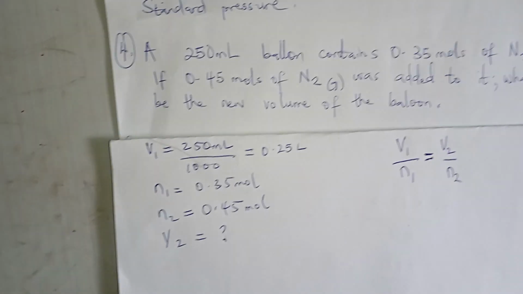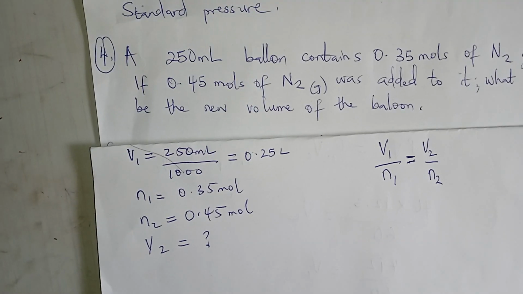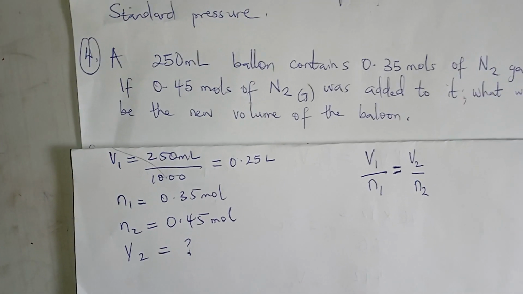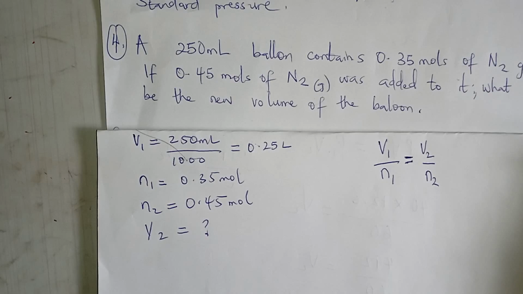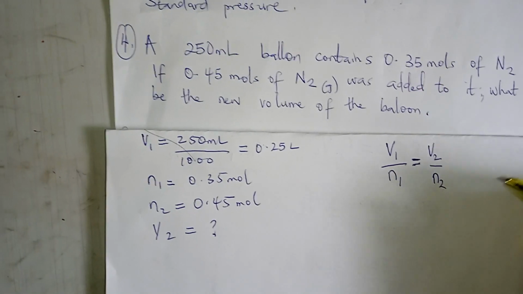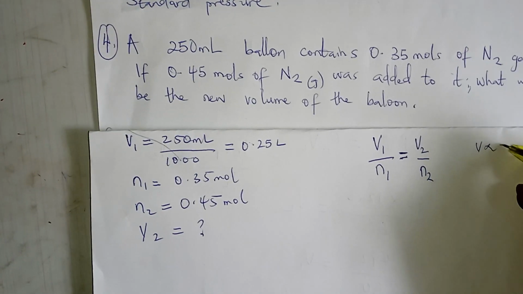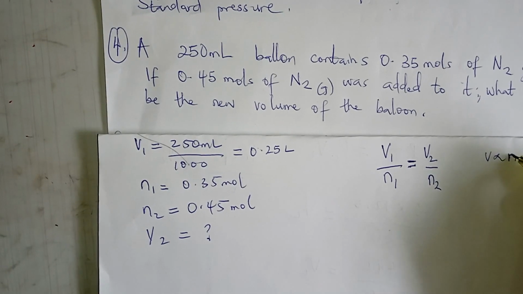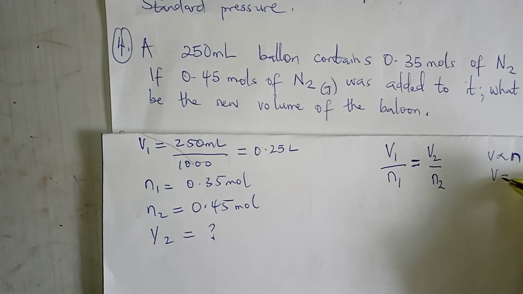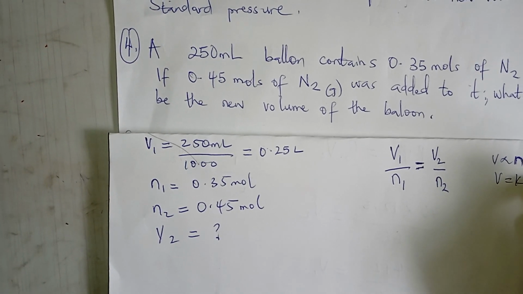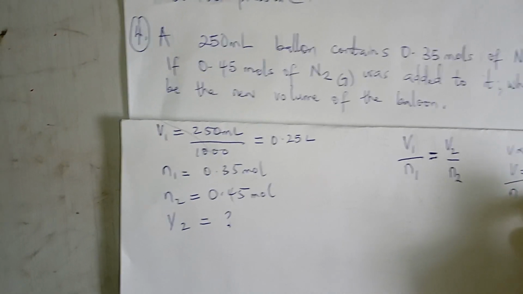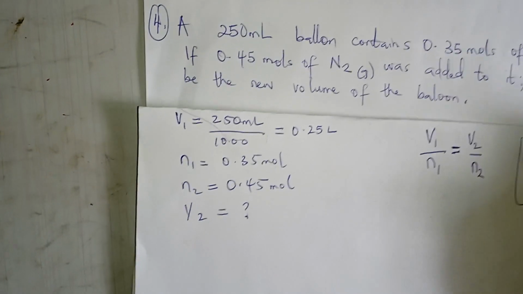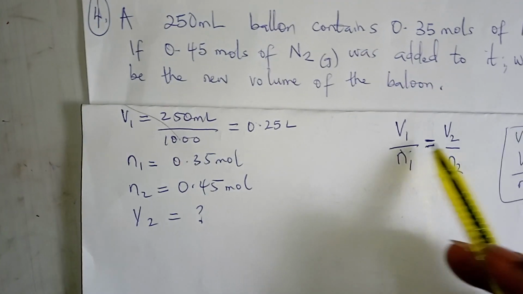The more you add air to a balloon, the more the balloon increases in volume, in its space and size. So V is directly proportional to n, V equals k n. Making k the subject of the formula, this is how we have it, and this is now initial and final.